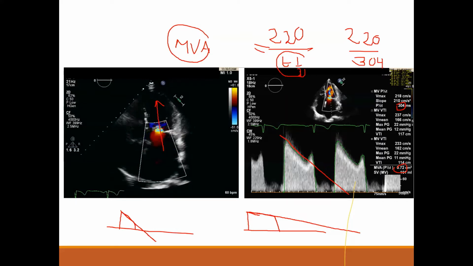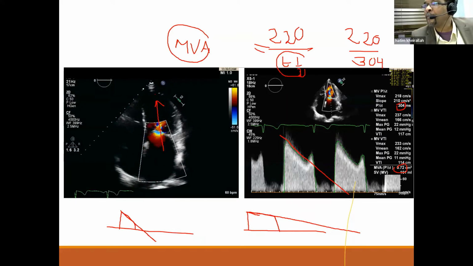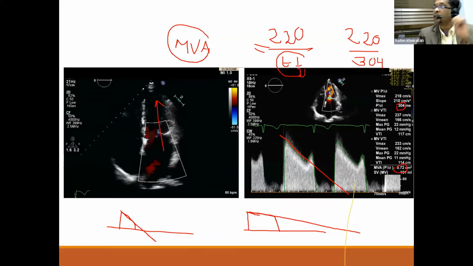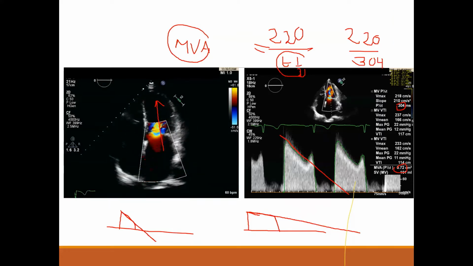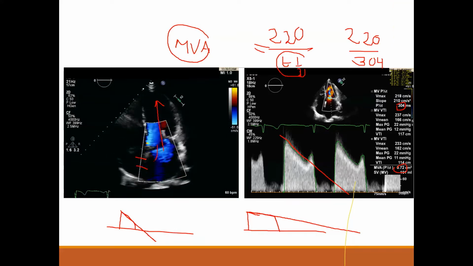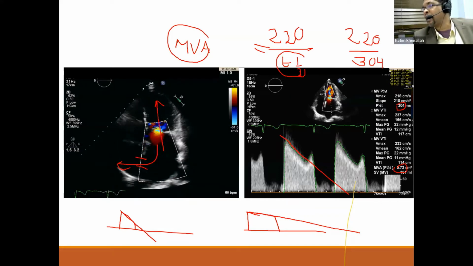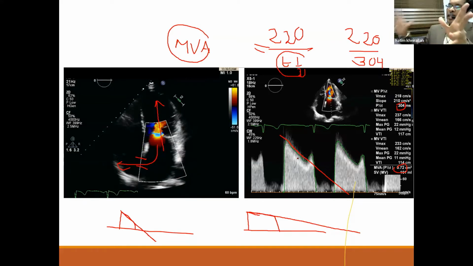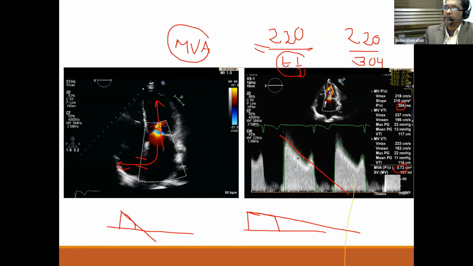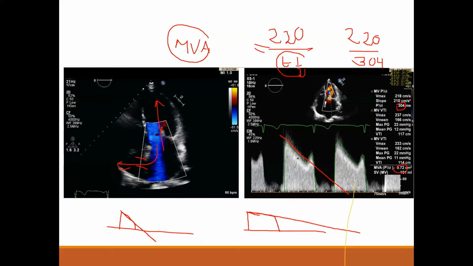So the pressure half time is shortened with advanced LV diastolic dysfunction, a non-compliant LV. If I have an ASD for any reason, it is going to shunt flow away and shorten the pressure half time. So the pressure half time is affected by so many factors, and you have to take it with a pinch of salt. There are so many limitations.